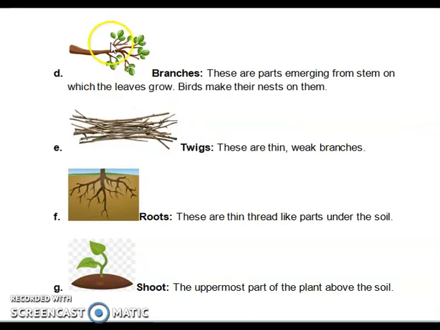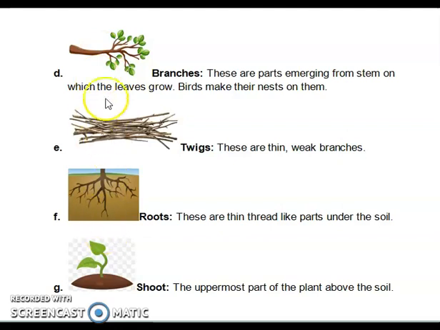Let us see another part of a plant, that is branches. Branches are parts emerging from the stems on which leaves grow. Birds make their nest on them. So this is basically when a tree or plant grows. So at the upper part where the stem is, from the stem you would have seen, no, there are certain branches coming out, small stem-like structures, but that is not the stem.